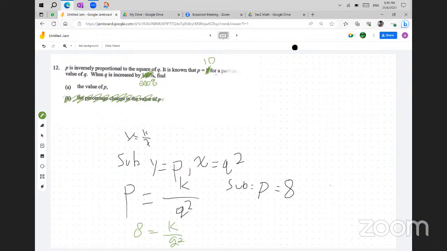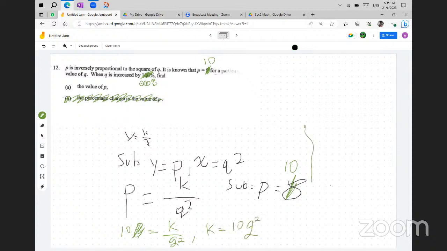The P is 10, not 8. Remember, I changed the value. Oh yeah, it's 10. Okay, so far so good. Then k equals 10q squared.